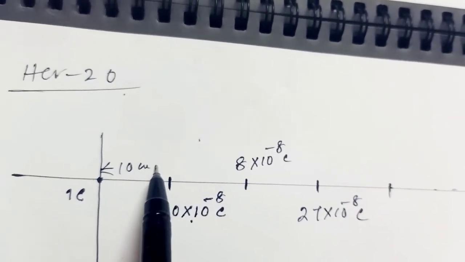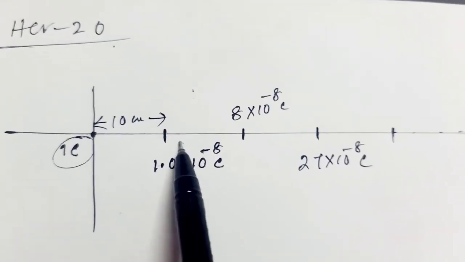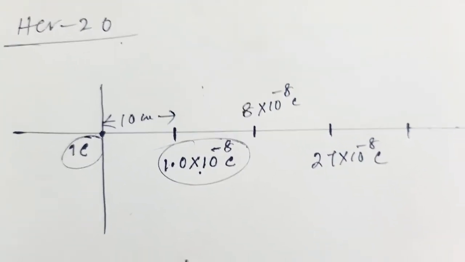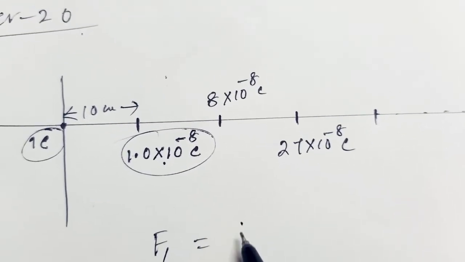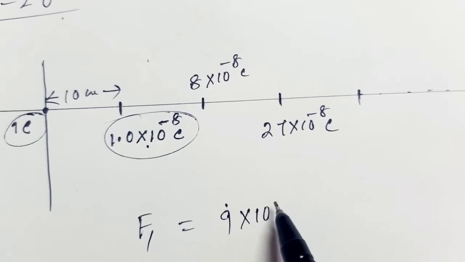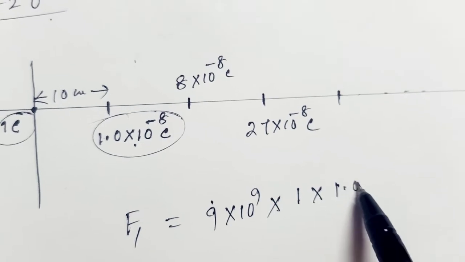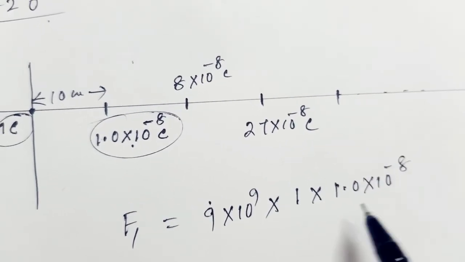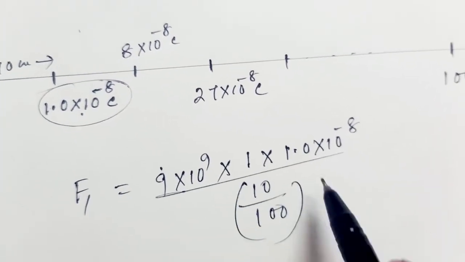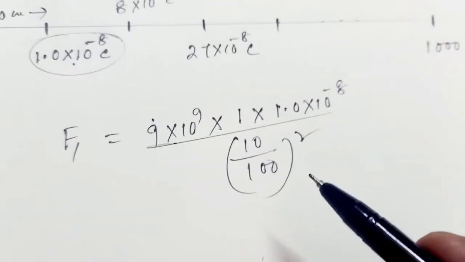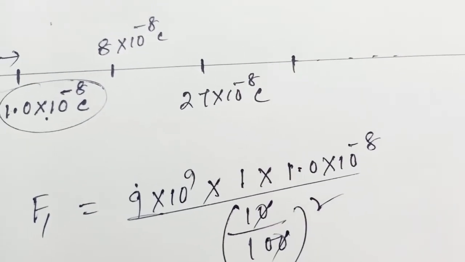First of all, calculate the force between this and this one. Call it F1. F1 equals 1 by 4 pi epsilon naught, that is 9 into 10 to the power 9, into Q1 Q2 by R square, where Q1 is 1 coulomb and Q2 is 1.0 into 10 to the minus 8 coulomb. The distance is 10 centimeters, so 10 by 100 whole square. The zeros cancel each other, and 10 square means 100 in the numerator.